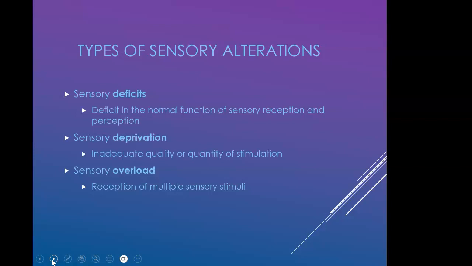Overload prevents a meaningful response to stimuli. As a result, thoughts race through a person, attention moves in many directions, and they're restless or agitated. Sensory overload causes a state similar to that of sensory deprivation.